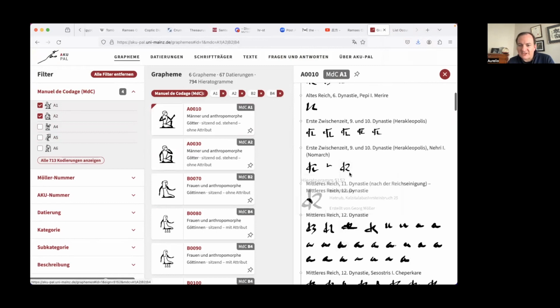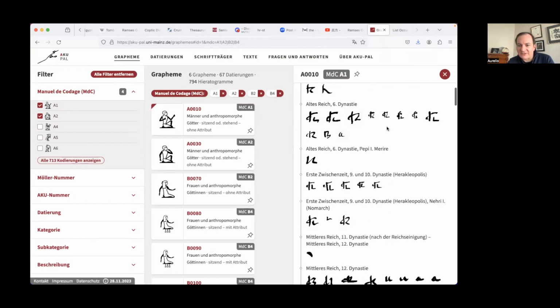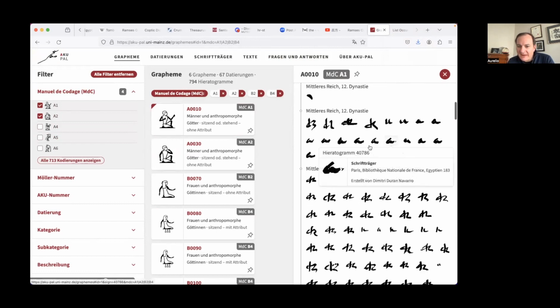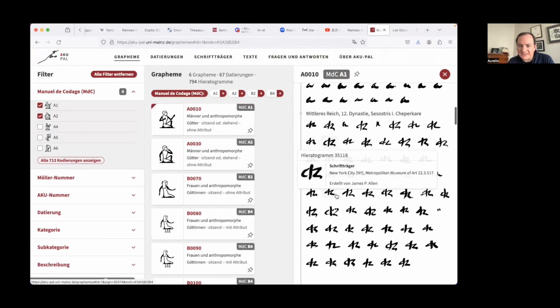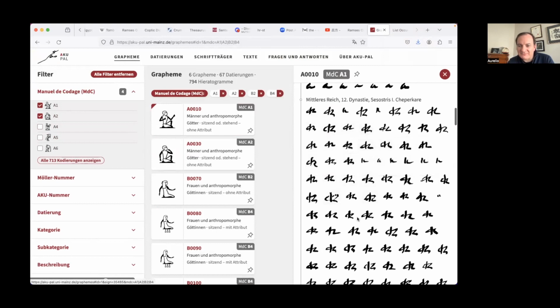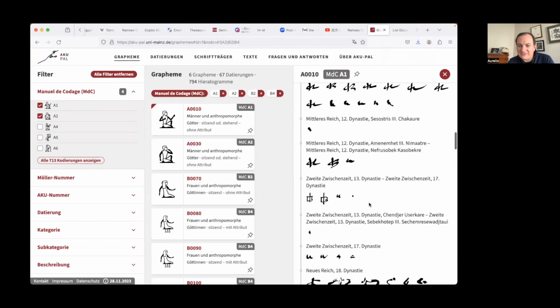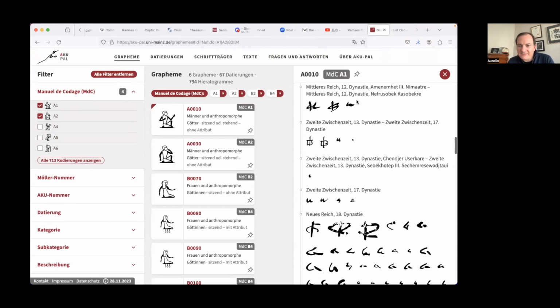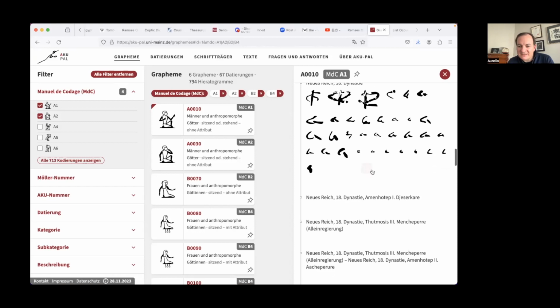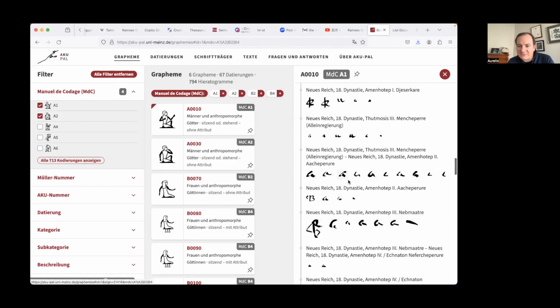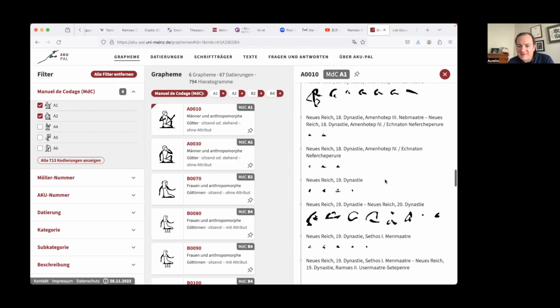So A1. This is the form I was thinking of, but you can see that the earlier ones are somewhat different. Here you see it basically starts here, then you go over. That's like the traditional form, I would say. And then you have the abbreviation. Sometimes it goes straight like this. Lots of abbreviations.